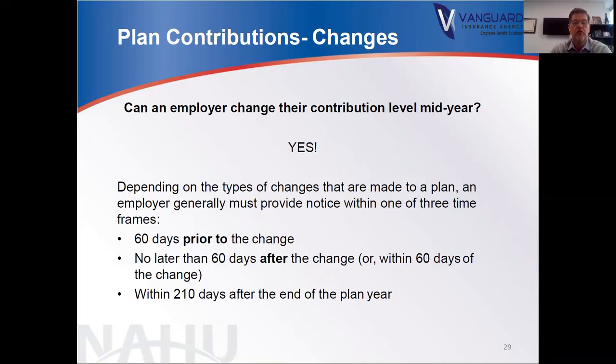And you want to notify them within 210 days after the end of the plan year. And you'll find that these fall under the ERISA guidelines that are consistent with summary plan descriptions and the material modification rules for any time you change a plan or you change a benefit within the plan.